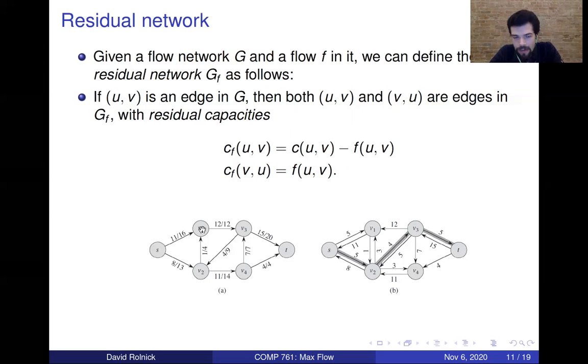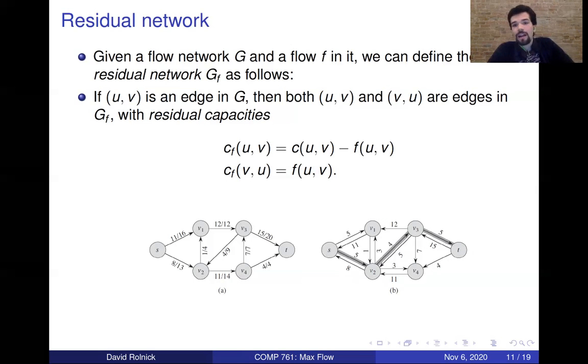We took the flow 11, but there was capacity 16. So if we've already done that, we could add up to 5 more flow in this direction, or we could take away up to 11 flow, because we already did 11 flow in this direction.